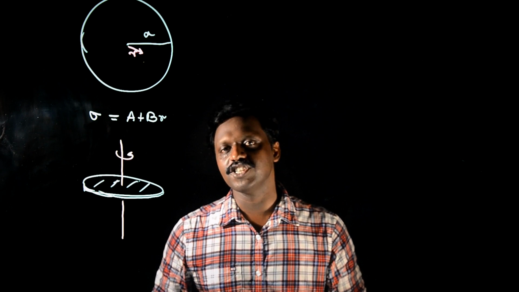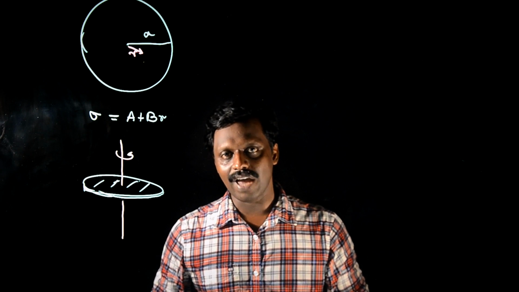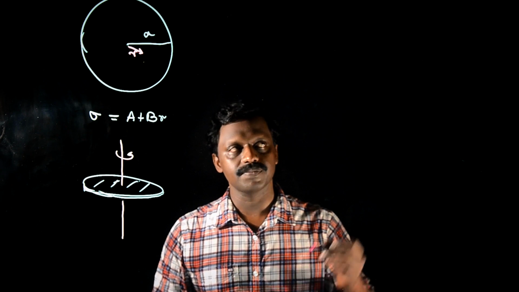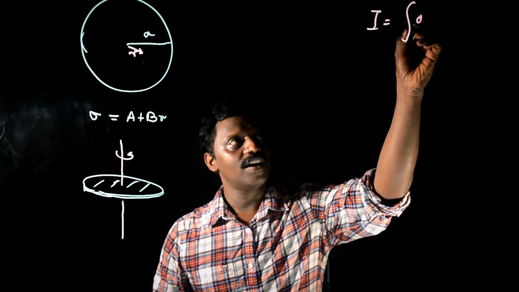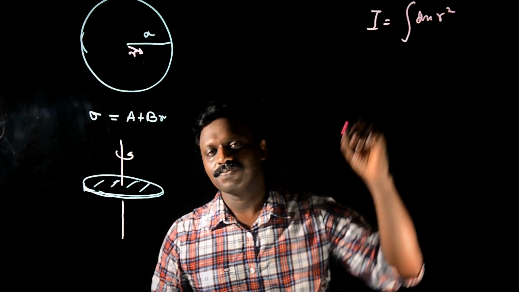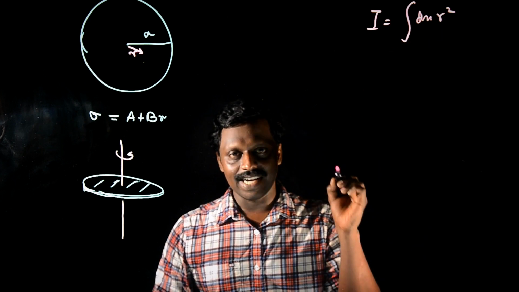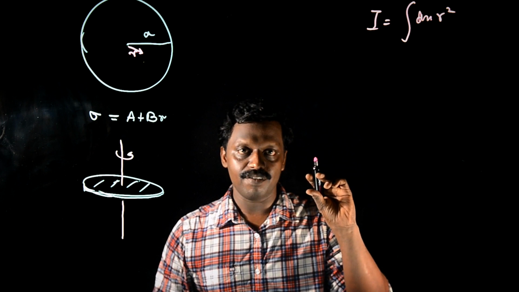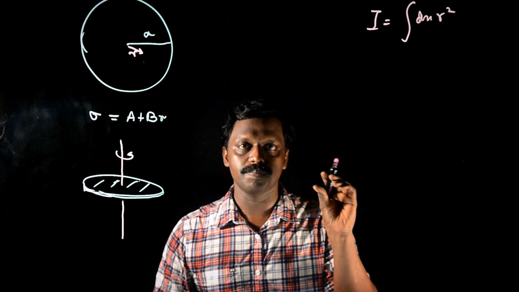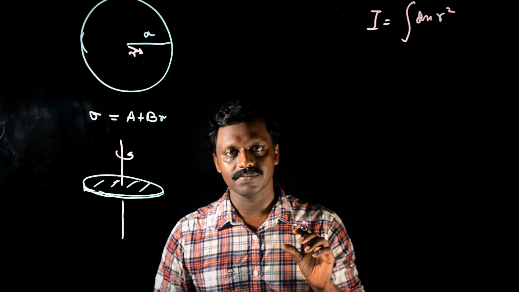For an extended rigid body, we have to find the moment of inertia as I is equal to integral dm r square, where dm is the mass of a fine element or finite strip of the given rigid body.